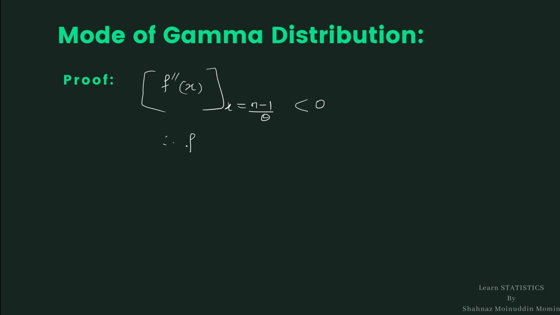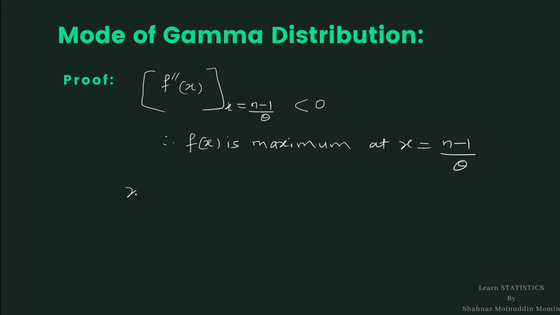Therefore, the function f(x), which is the PDF of gamma distribution, is maximum at x equal to n minus 1 divided by theta.